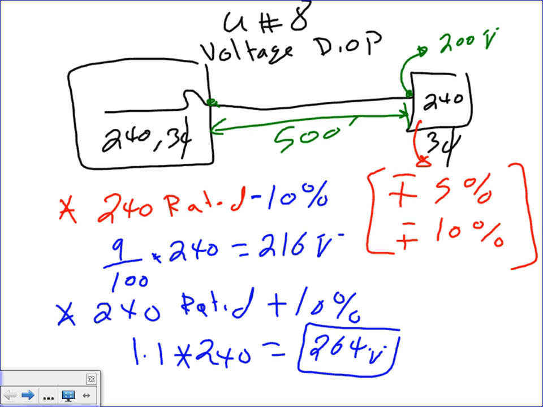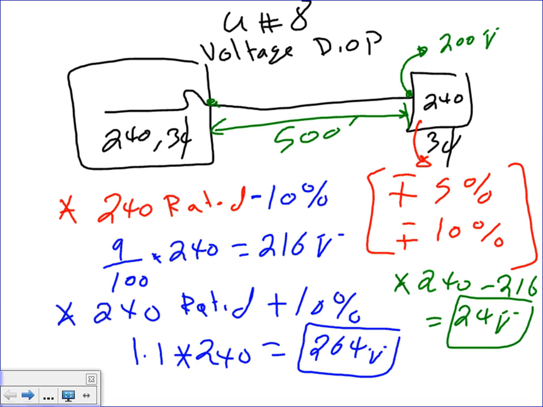So guys, can you do me a favor and find the difference between 240 minus 216? Oh, no. 240 minus 216 is 24 volt. So what does that mean? It means I can go plus 24, minus 24 in the equipment, and the equipment will, for the most part, function right.